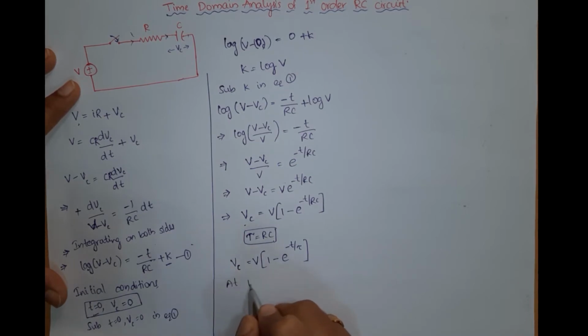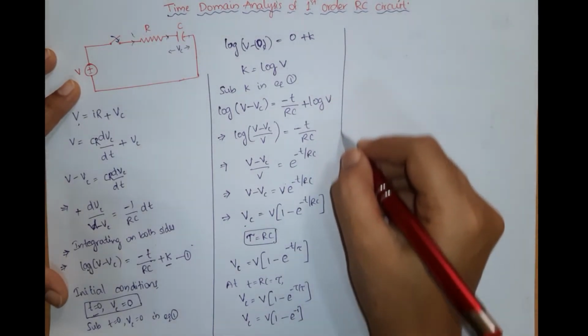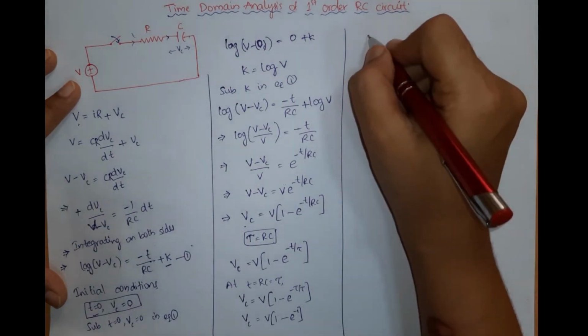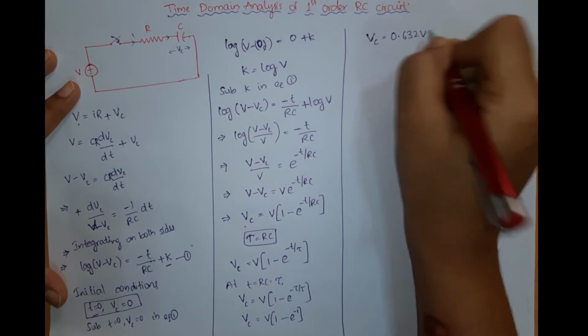Now at t equals RC or tau, Vc is V into 1 minus e power minus tau by tau, that is Vc equals V into 1 minus e power minus 1. Now substituting the value of e in the equation, we get Vc equals 0.632 V.